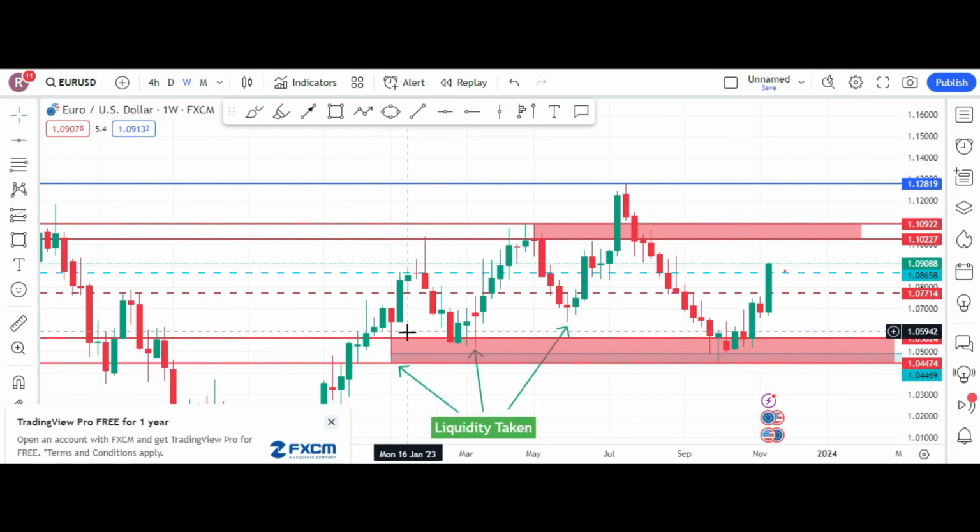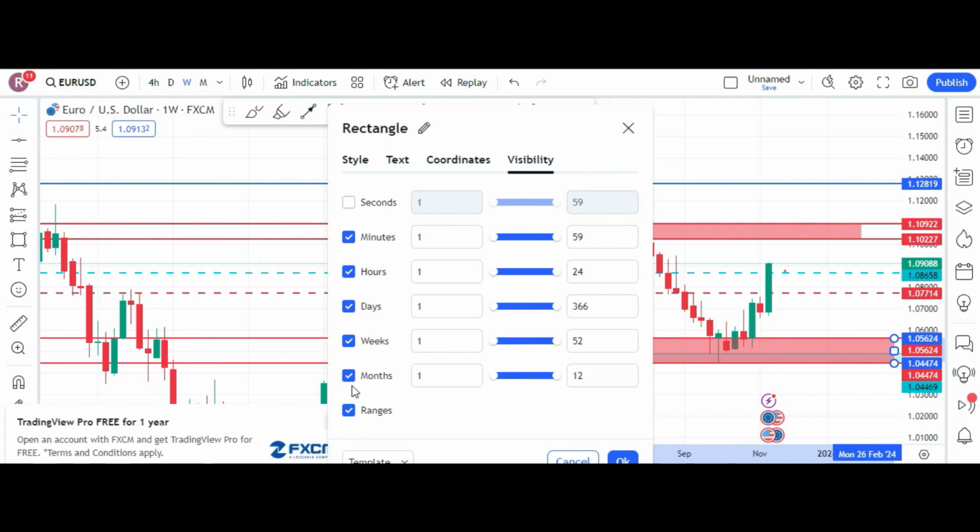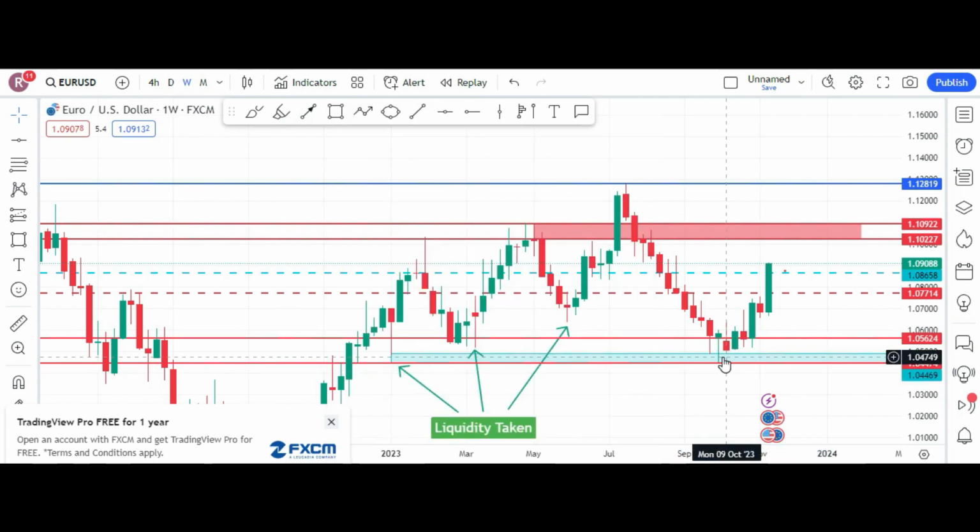Now if I disable this, just from the week, we can see that we have a weekly double bottom also, but I'm going to delete it.